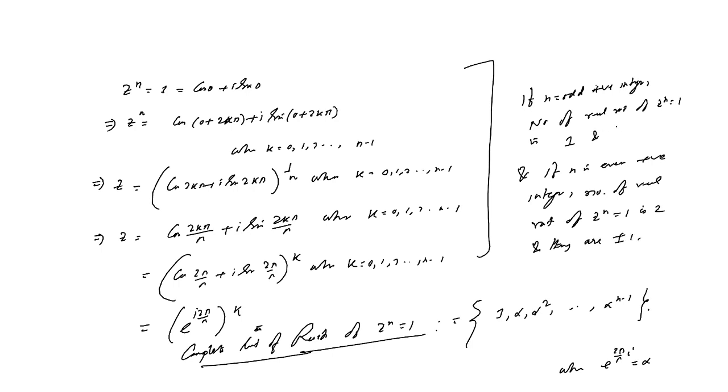For odd n, the real root is 1. For even n, 1 and minus 1 are the real roots, so the number of real roots is 2. The other roots are complex, and it depends on whether n is an odd or even positive integer.